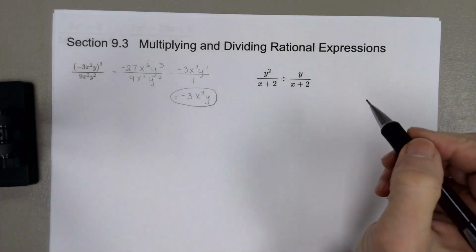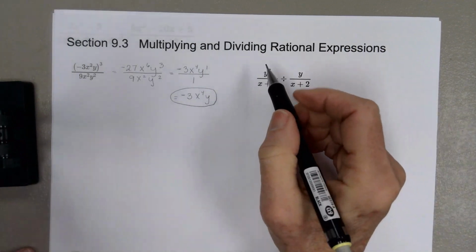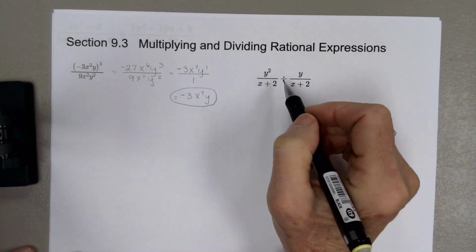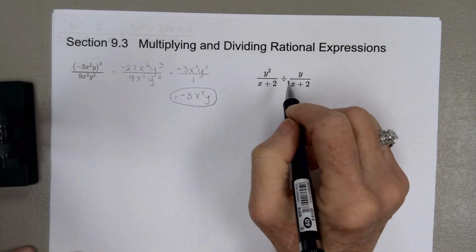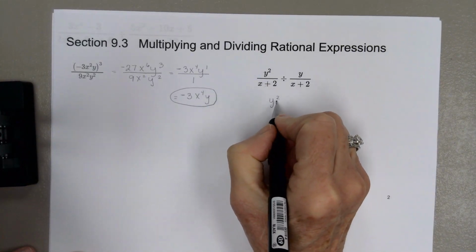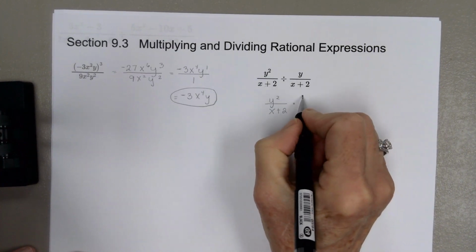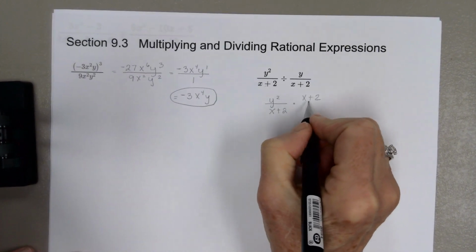This one is a division. So remember, with division, you have to keep the first fraction the way it is, change the division to multiplication, and flip the second. So y squared over x plus 2 multiplied by x plus 2 over y.